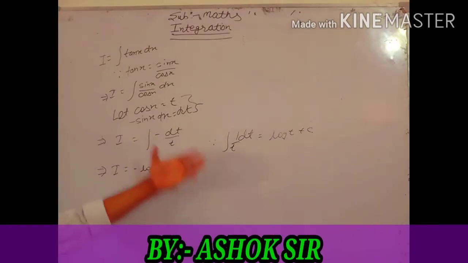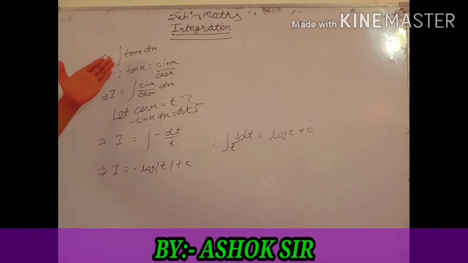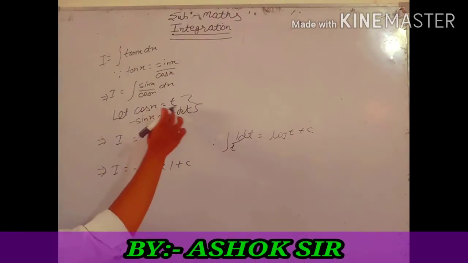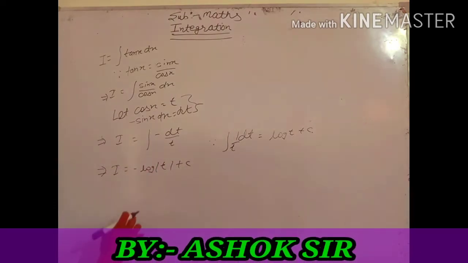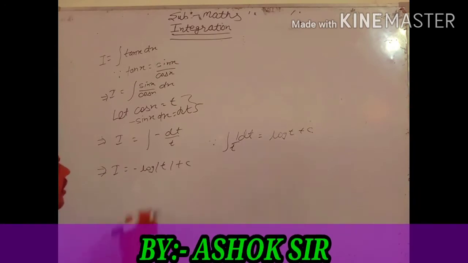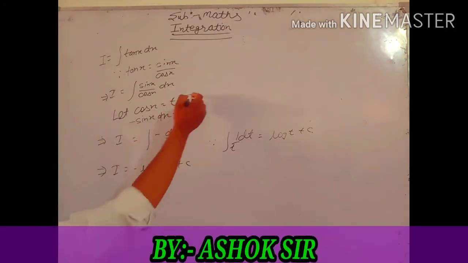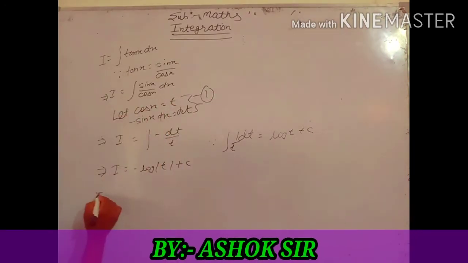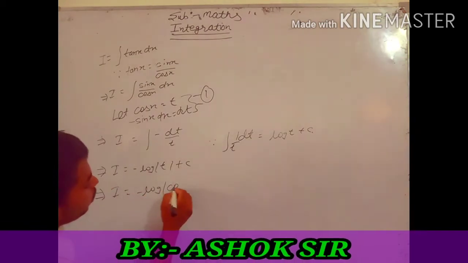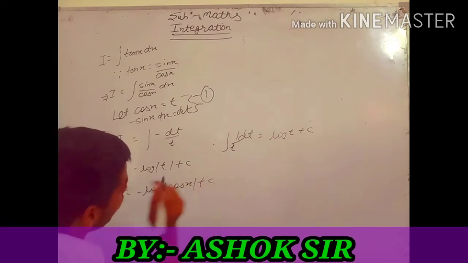C came here because it is an indefinite integral. We put the value of t from equation number 1. So I is equal to minus log cos x plus c.